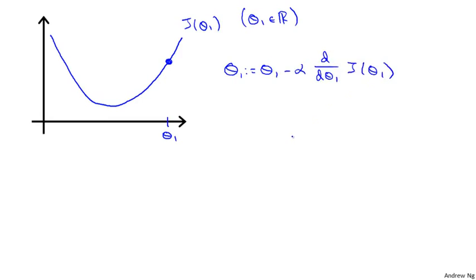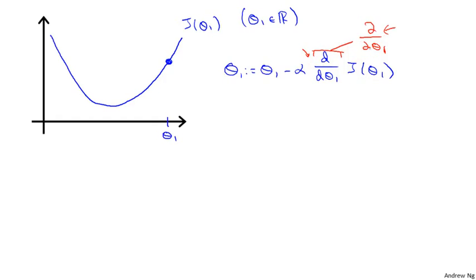As an aside, if you're wondering why I changed the notation from these partial derivative symbols, and you don't know the difference between these partial derivative symbols and d/d theta, don't worry about it. Technically, in mathematics, we call this a partial derivative and this a derivative, depending on the number of parameters in the function J. But that's a mathematical technicality.